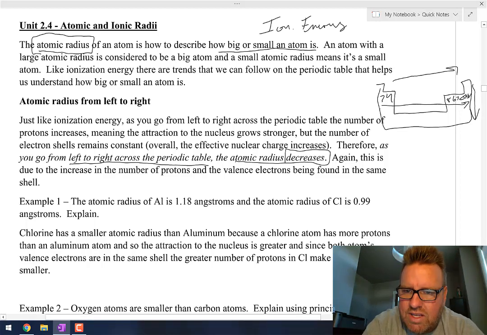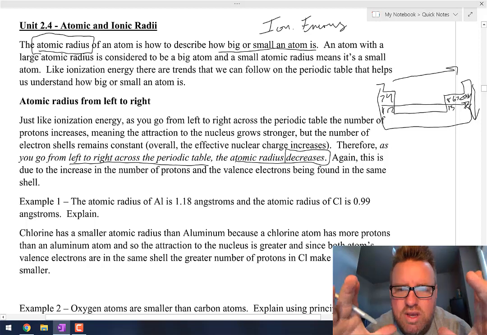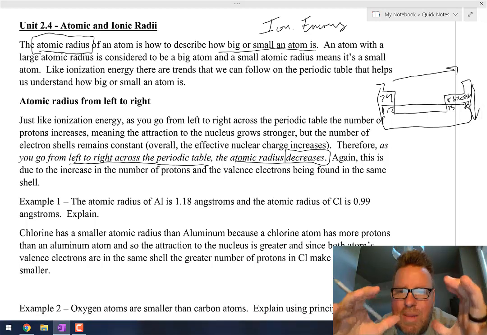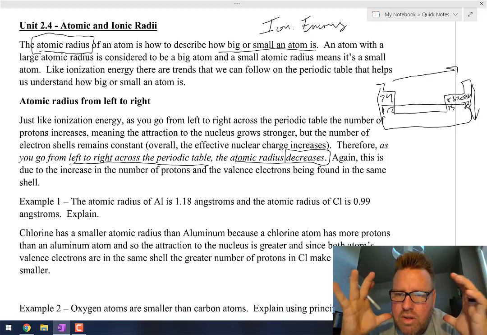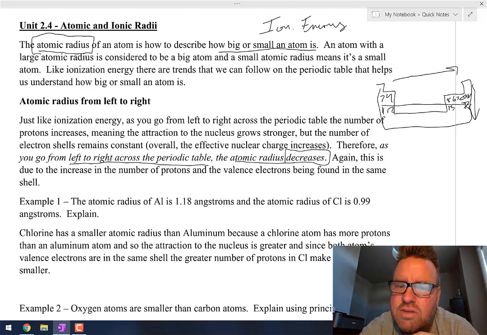And then you go to the next row and it's 11, and then 12, and then 13, all the way up to 18. And so as you go across the periodic table, there's more protons. And if there's more protons, that also means there's more electrons. Shouldn't that make the atom get bigger? Again, let's think about what more protons means.